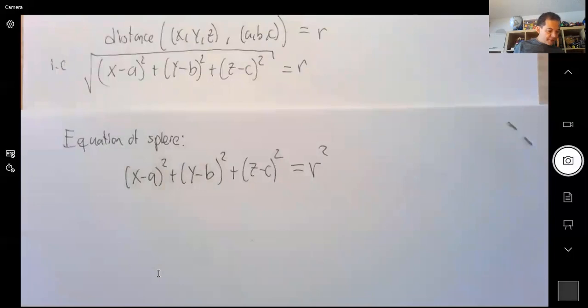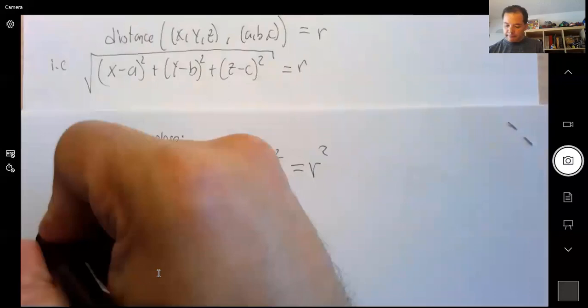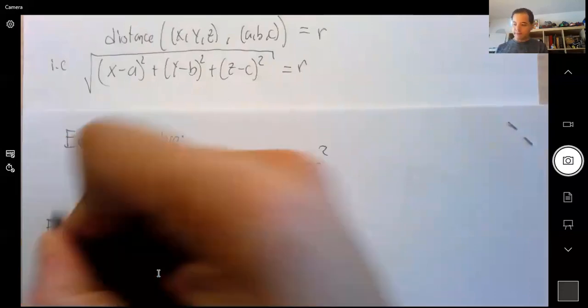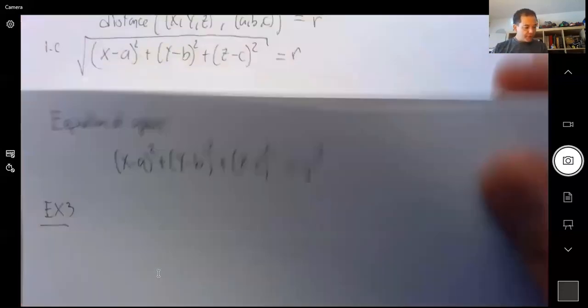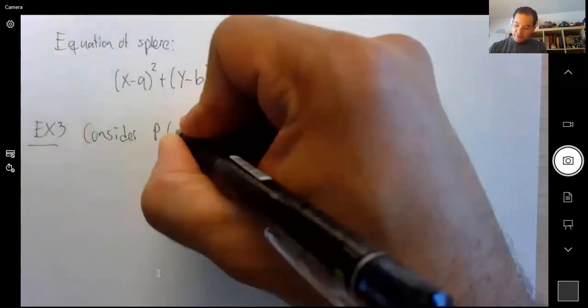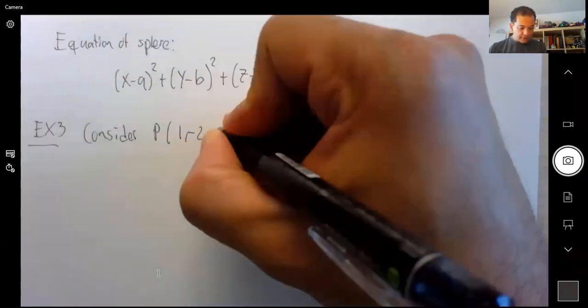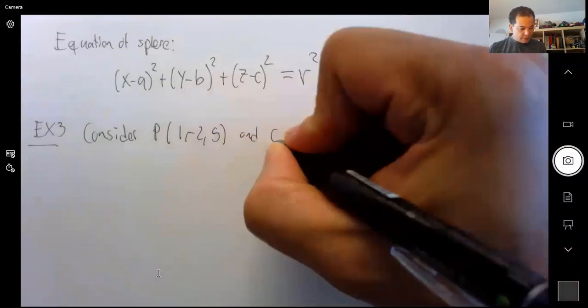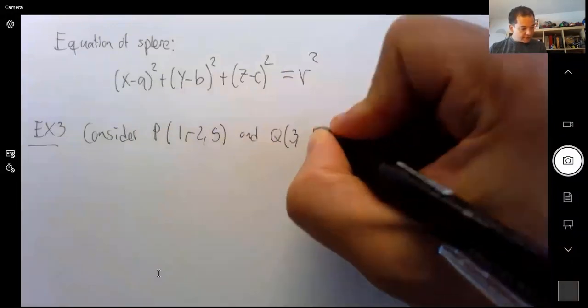So that's the sphere. And maybe let's do an example here. So let's do example 3. Example 3 says, consider the points P(1, -2, 5) and Q(3, 4, -6).